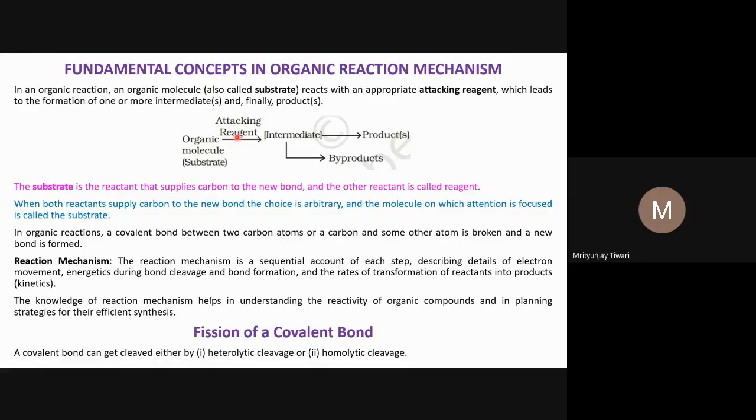So they help the reaction to proceed in the forward direction in many ways, but usually they do not provide a carbon atom to the new bond, unless both the reactants taking part in the reaction form a carbon-carbon bond. Then in that case, one is considered a substrate arbitrarily and the other is considered a reagent.